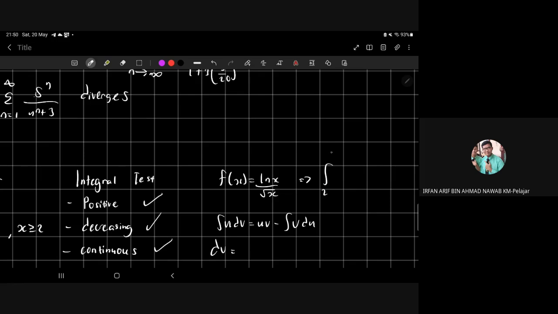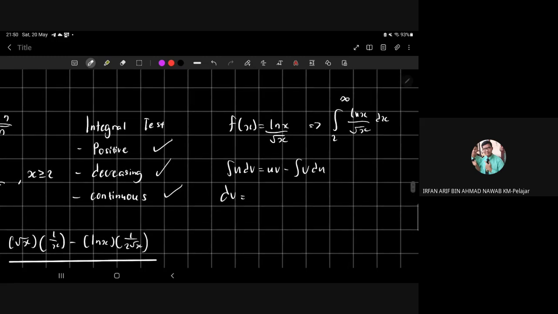So from e squared up until infinity, ln x over square root of x dx. Now for dv, I think the most suitable will be 1 over square root of x. And for u, it will be ln of x. For dv, you have to integrate to v, so it will be 2 square root of x. And when you differentiate u with respect to x, it will be 1 over x.